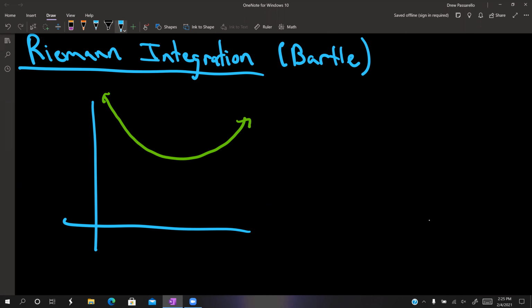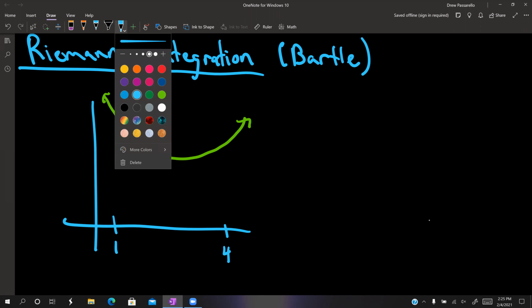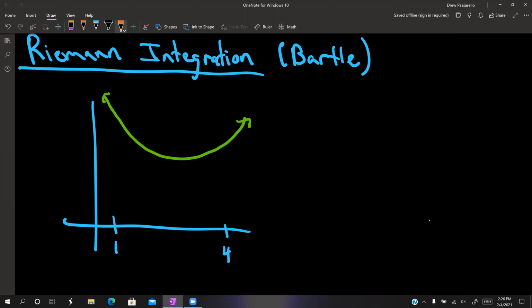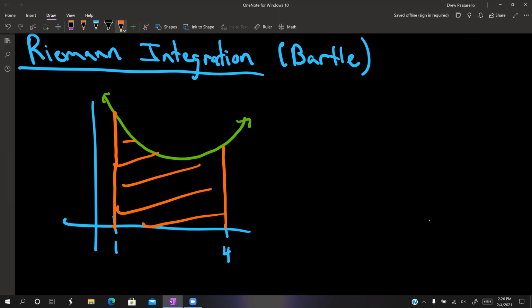Let's say the interval begins at 1 and ends at 4. And I want to know what is this area that's underneath the curve within that interval.